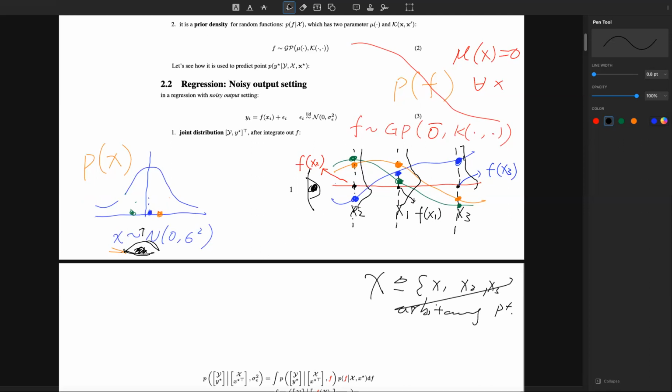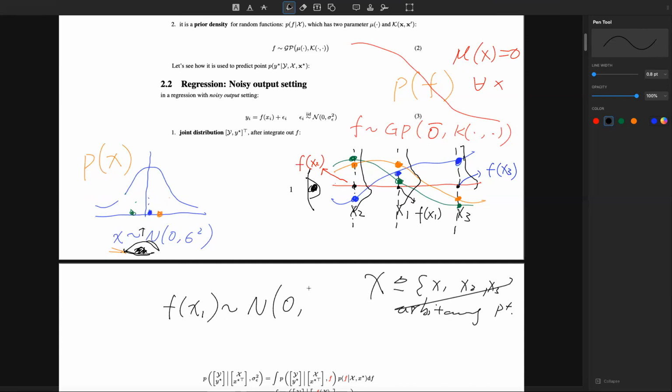So if I pick this one, let's talk about f of x1. F is a Gaussian process, but f of x1 is not. f of x1 is a random variable. It has to have mean 0 because everything is 0. What should the covariance be by design?